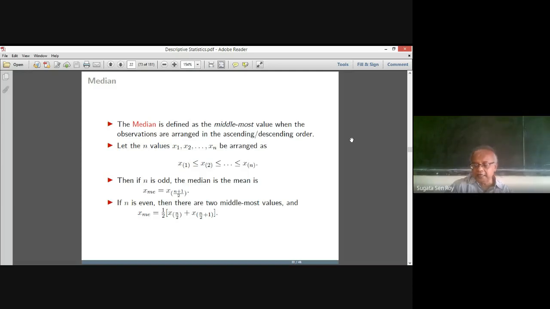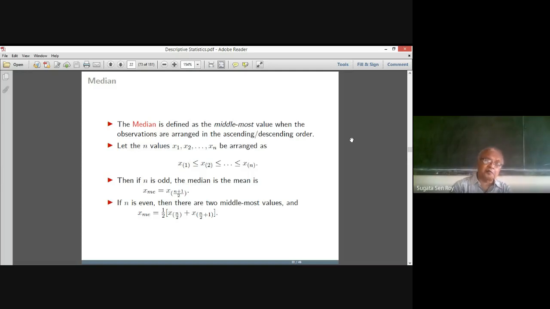If you arrange the numbers, 20 is the minimum, then 90, 91, 93, and 94. The third mark is 91, so the median would be 91, whereas the mean would be somewhere in the 70s. So obviously you'd prefer the median in this case rather than the mean.